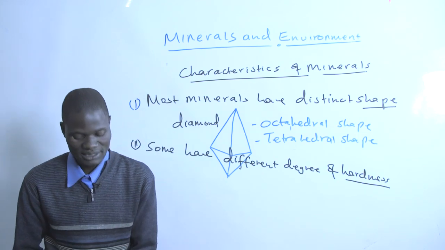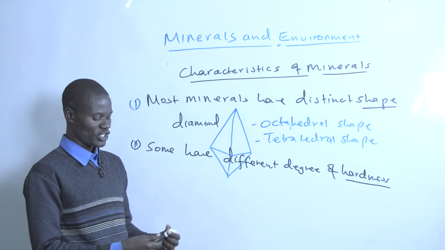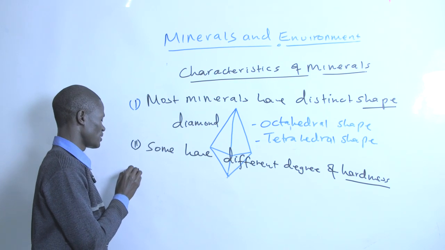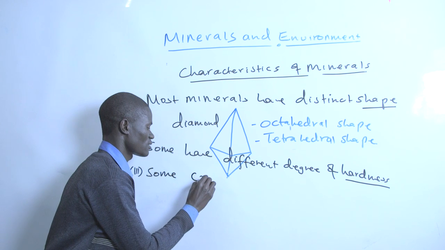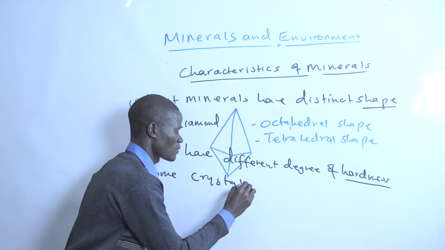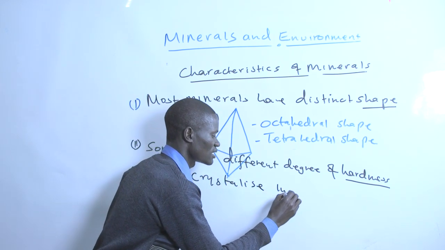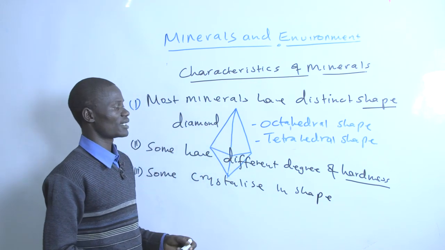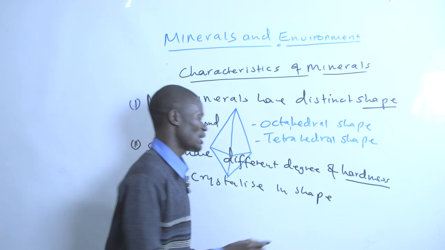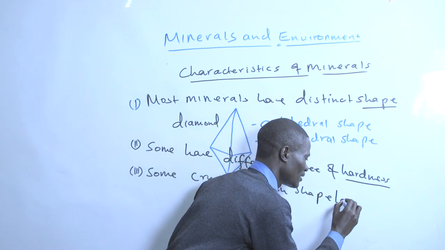Some minerals crystallize in shape. That is number 3. Some minerals crystallize in different shapes. As we have looked at, they are crystallized in shape and color.